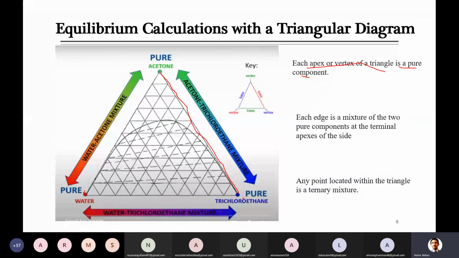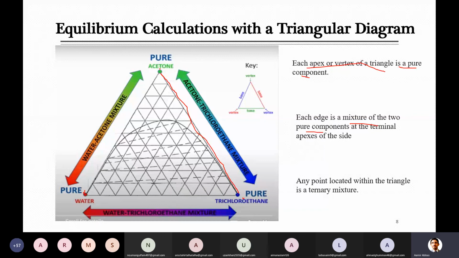When you move across this outer boundary of the diagram, on any of these outer lines, those lines indicate a mixture of 2 pure components. For example, take acetone and trichloroethane. If I move along this line, it is just acetone and trichloroethane.